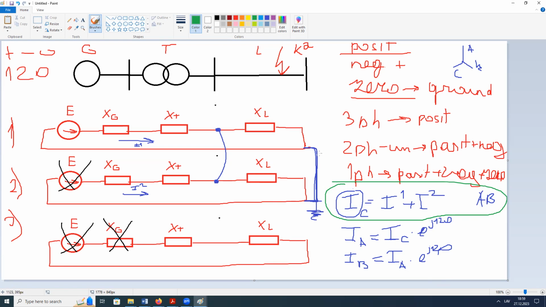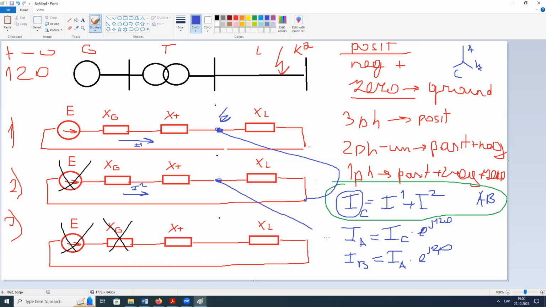In case we have a ground fault, it is more complicated and the connection is different. The connection is that we are connecting this fault to the ground.